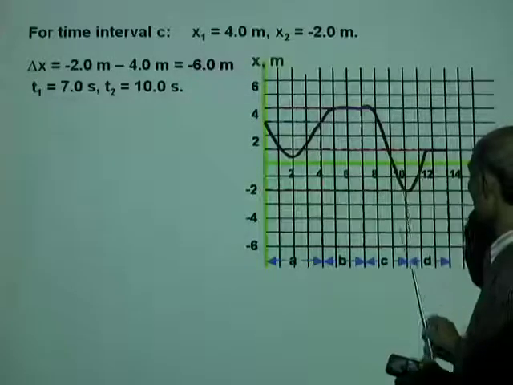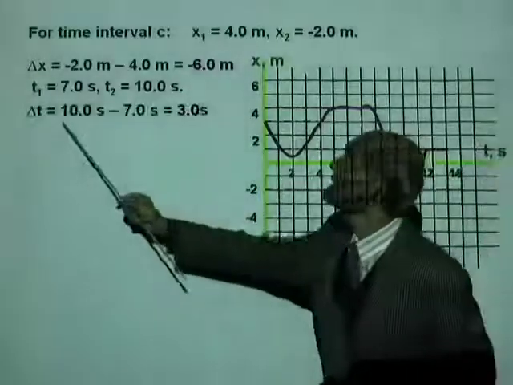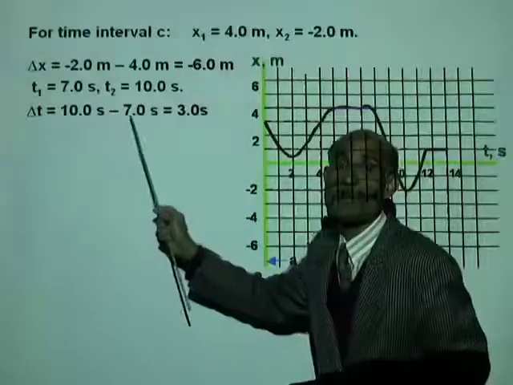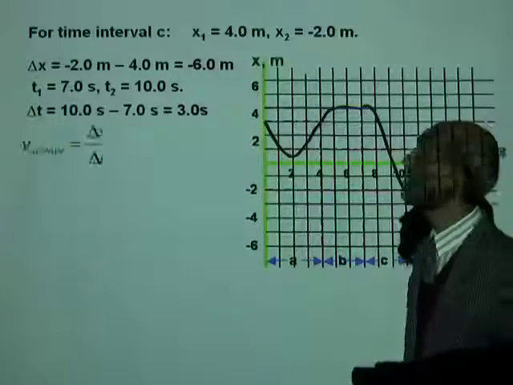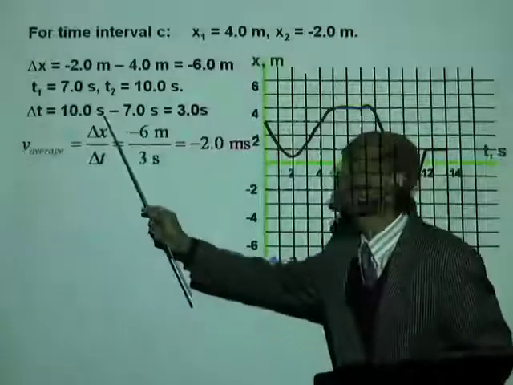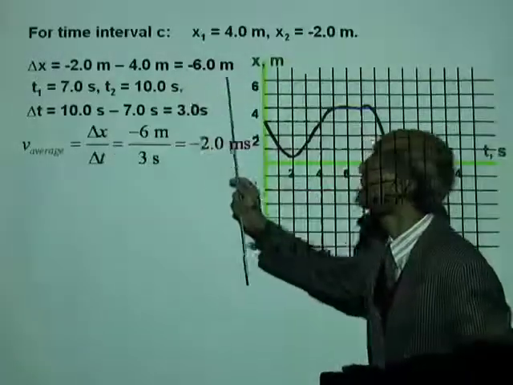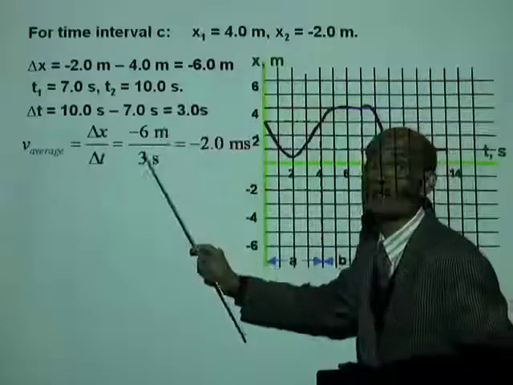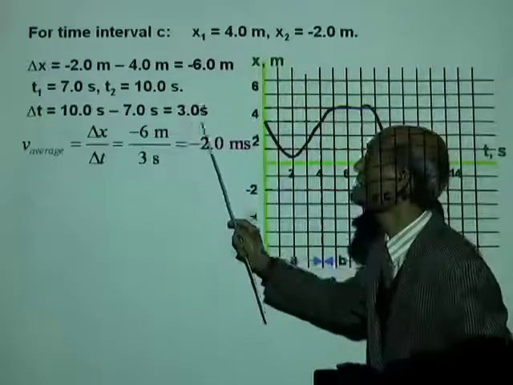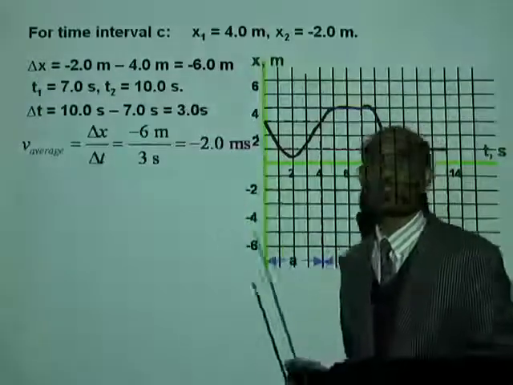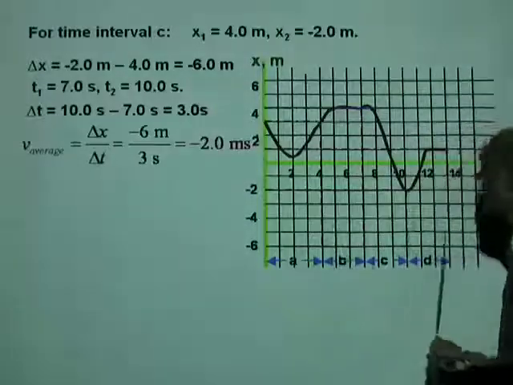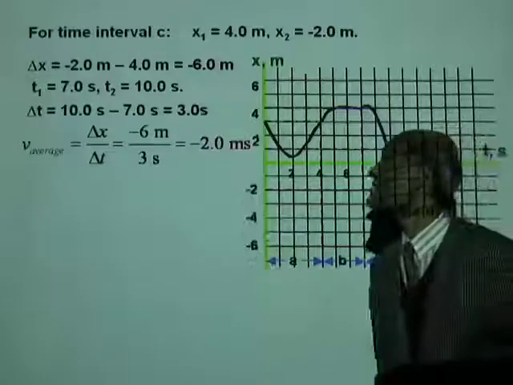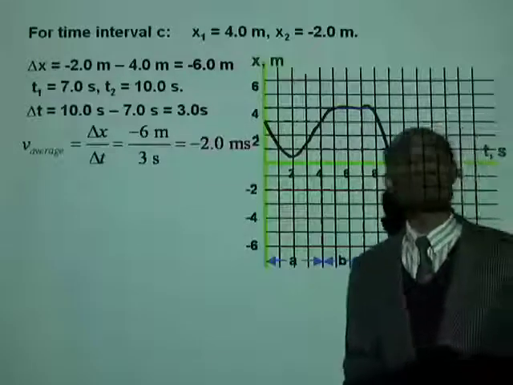So delta t is 10 minus 7, that is 3 seconds. Therefore, average velocity is delta x, that is -6 meters, divided by delta t, that is 3 seconds. And the average velocity during that interval is -2 meters per second.